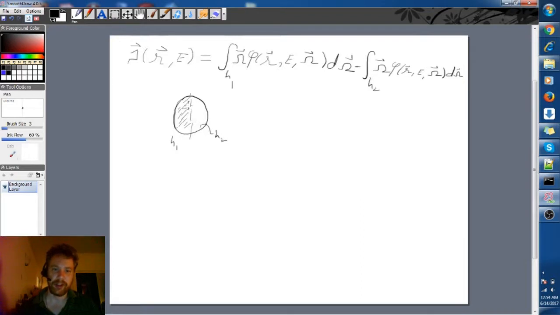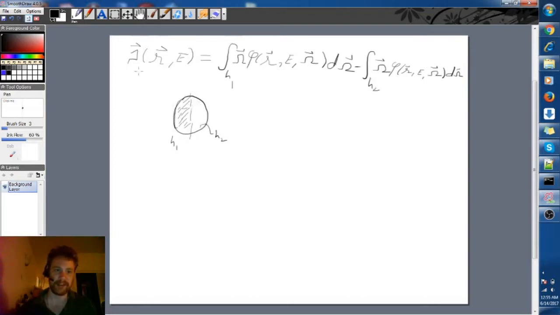So you can think of it as, given an arbitrarily small unit sphere in space, we take the flux here and multiply each point in flux phase space by that point's direction vector, and we do that for all the direction vectors coming out here, and then we subtract all the direction vectors coming out here.